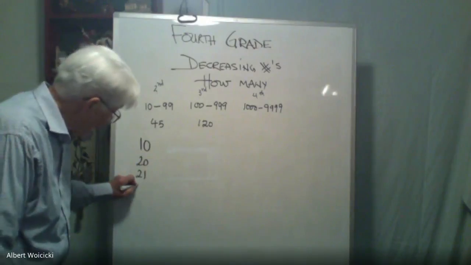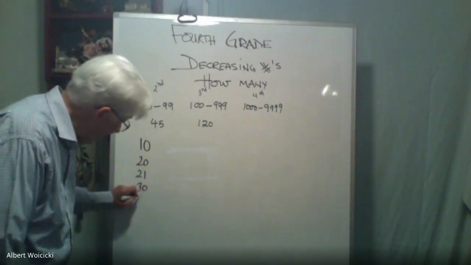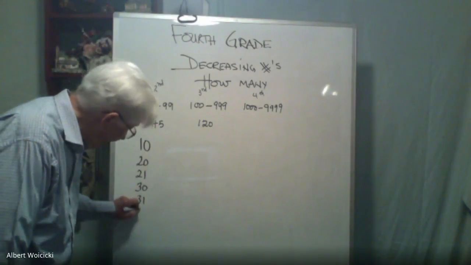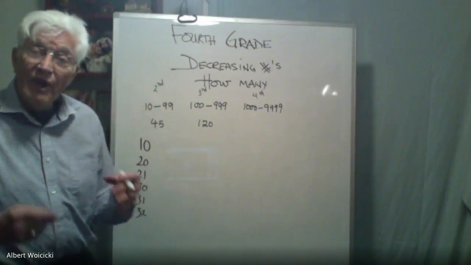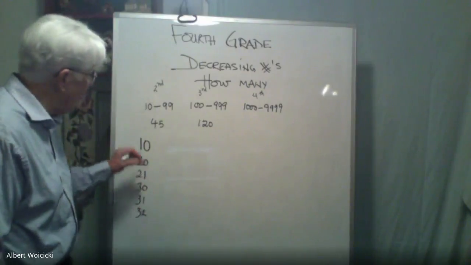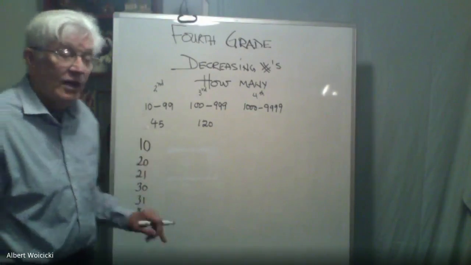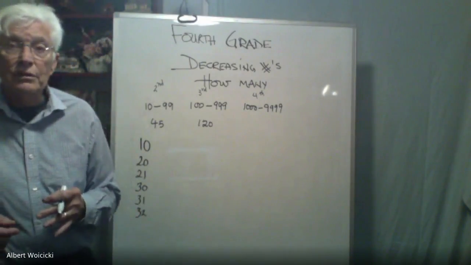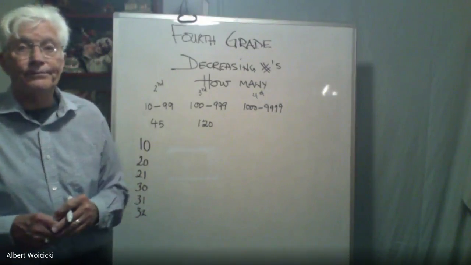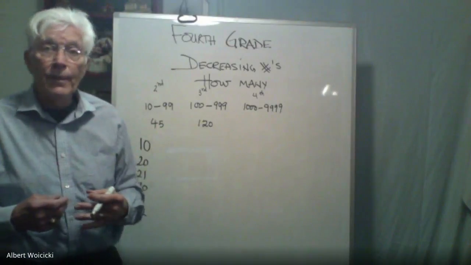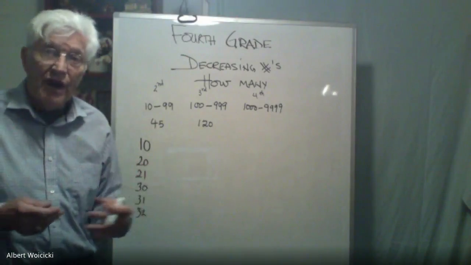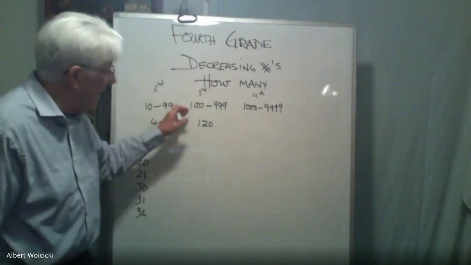So then I have 30 as my next one, 31, and then 32. So when they were in second grade, they realized there were 45 two-digit decreasing numbers.